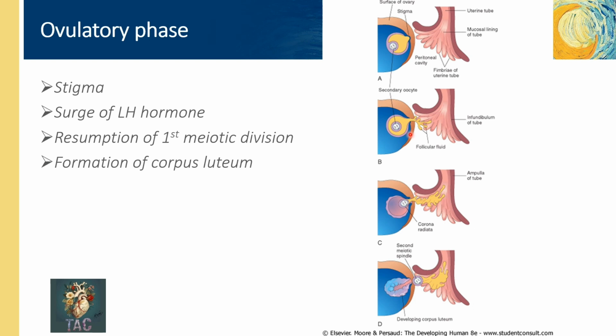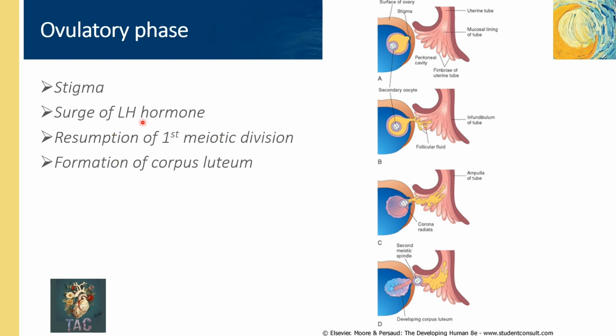Also, there is an increase in the level of prostaglandins. These prostaglandins cause localized muscular contraction in the wall of the ovary, as a result of which the oocyte is extruded from the Graafian follicle.